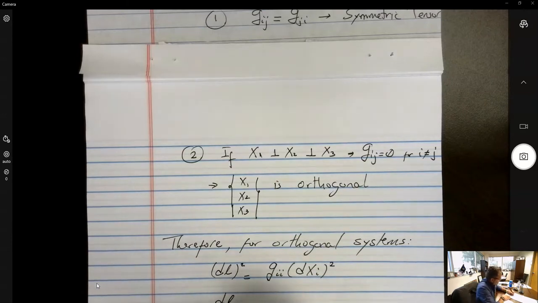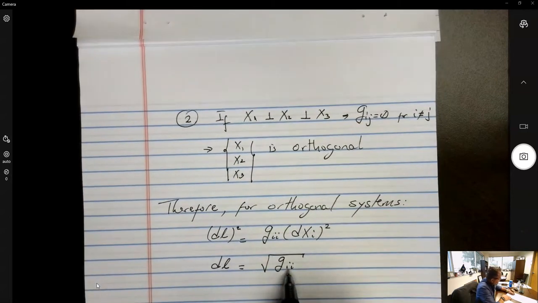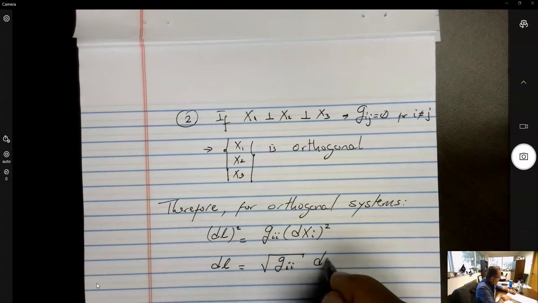So we can express dl as simply the square root of Gii, each of the members ii. And by the way, these repeated indices here do not imply summation. In this particular case, I'm not implying summation.